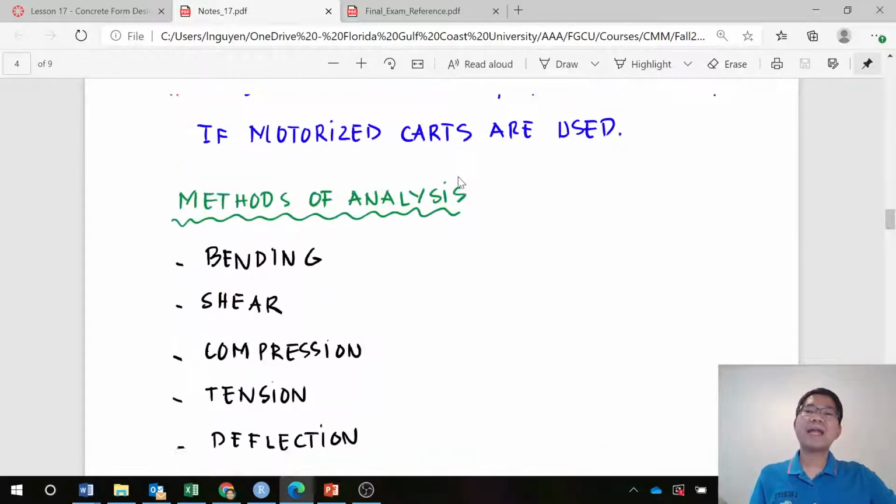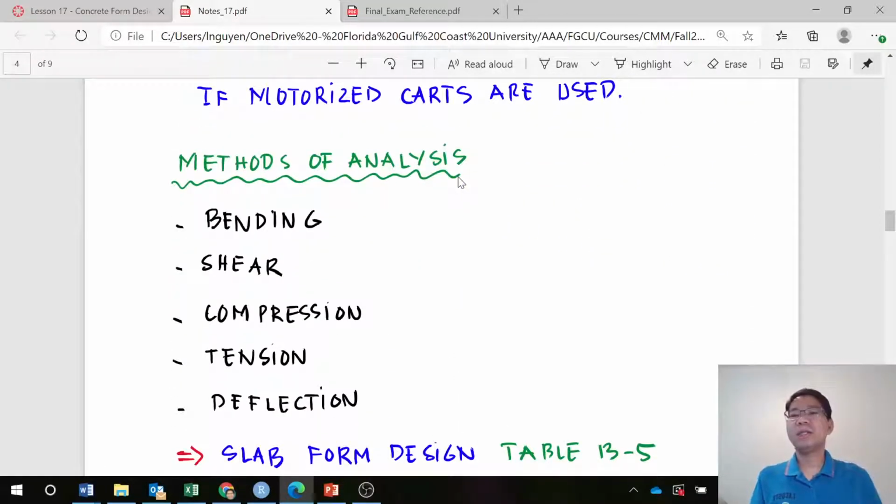The method of analysis is the same as we learned in mechanics of materials, structural analysis, concrete design, and steel design. We need to check the structure with regard to bending, shear, compression, tension, and deflection. Of course, we don't always have to consider all of that.